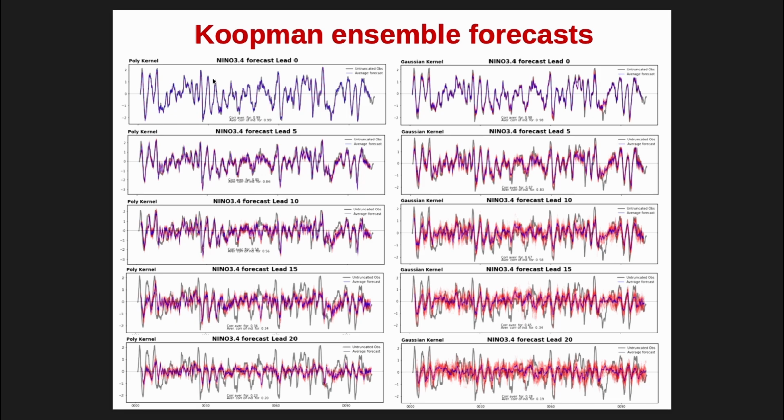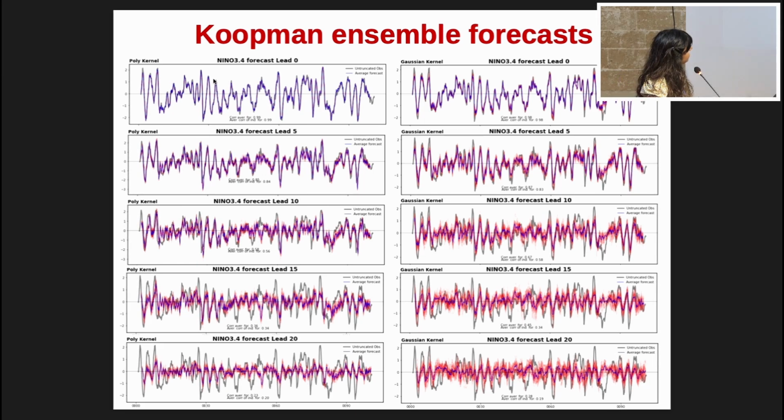It's a forecast made with each one of the different Koopman operators. And then we have the blue line, which is the ensemble mean, so it's the average of all the red lines. When we are using the linear kernel, what we see is that all the red lines are very close among them. There is almost no spread. It's a very robust set of forecasts. On the other hand, when we are using the Gaussian kernel, the forecasts, especially for longer lead times, seem to be all over the place.